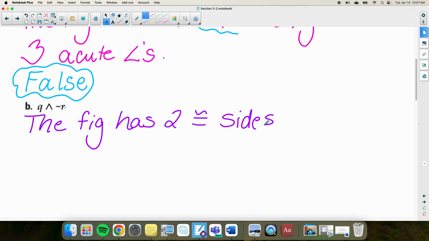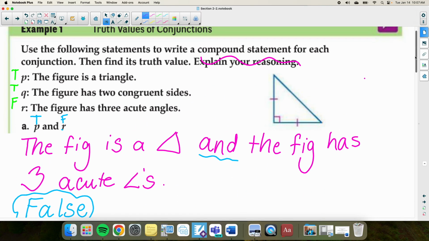Remember that up arrow looking thing means "and," and then it's not R. So you're gonna take R and add the word not into it. So we can say the figure does not have 3 acute angles.